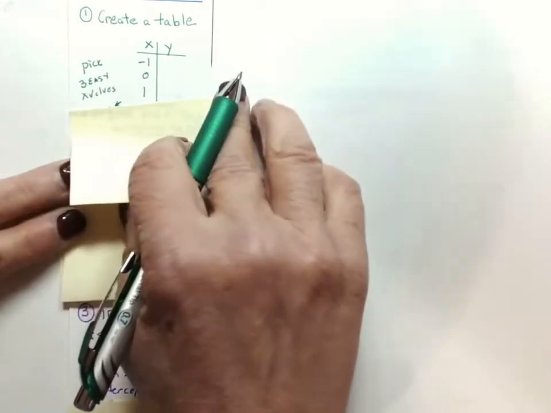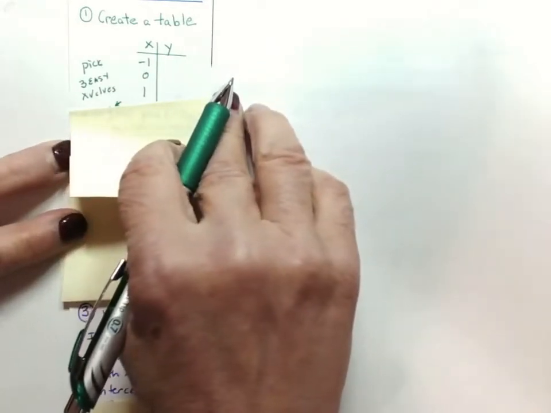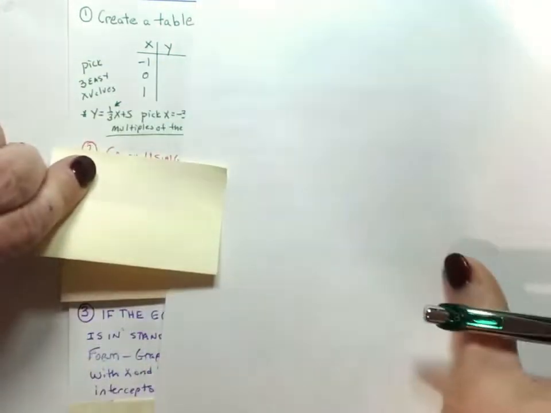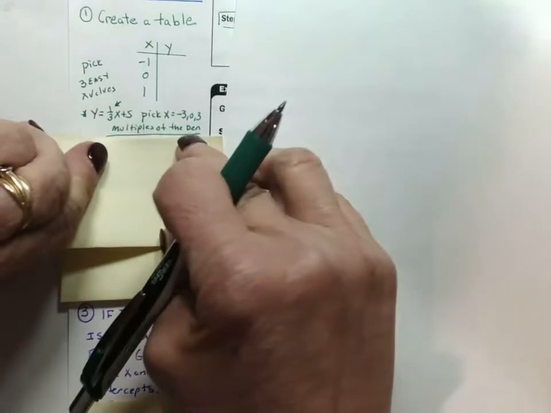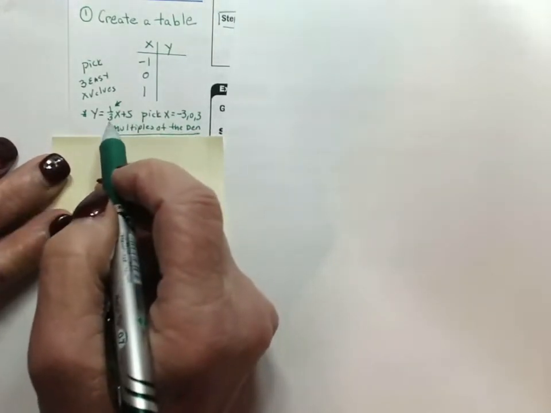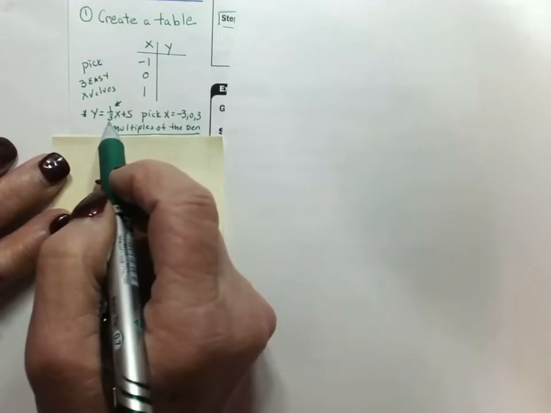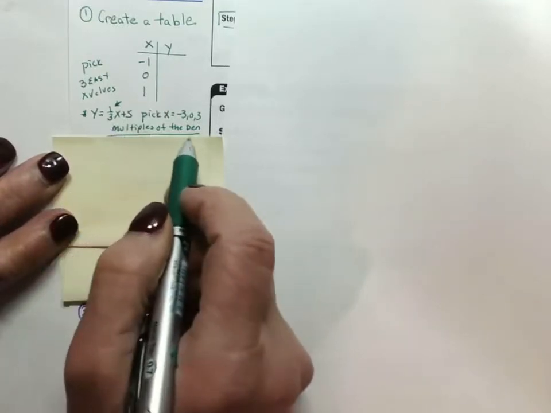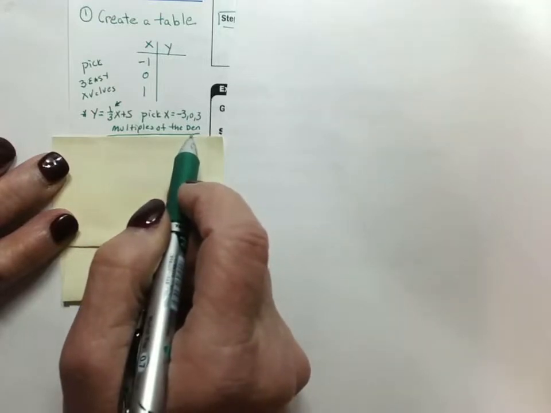Now remember, it's hard to plot fractions. So if you get an equation that has a fraction, then take that fraction and use multiples of the denominator.